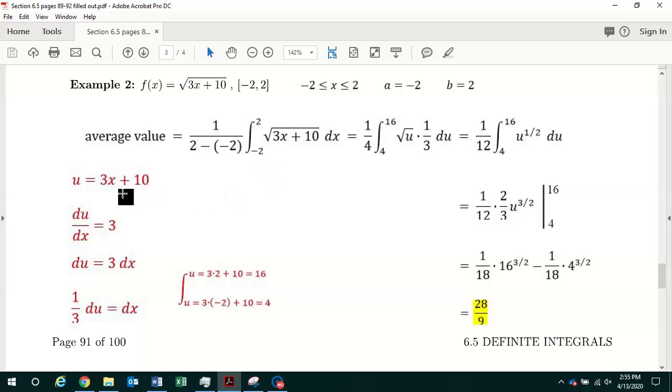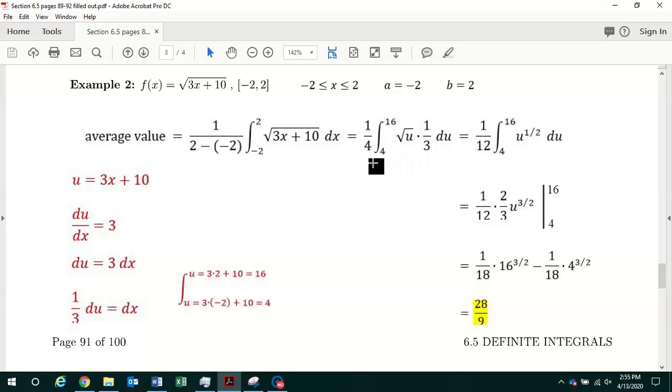When we put in minus 2 for x, we have 3 times negative 2 plus 10, which is 4. And when we put in plus 2 for x, we have u equal to 3 times 2 plus 10, which is 16. So our limits of integration go from minus 2 to 2 to 4 to 16 with the variable substitution.